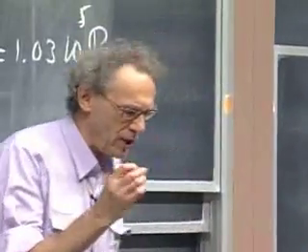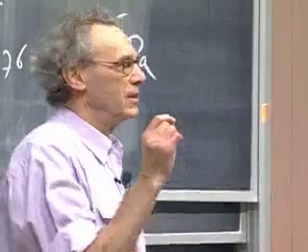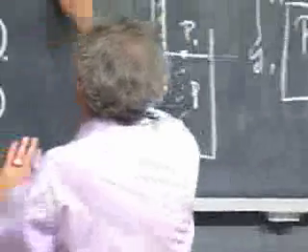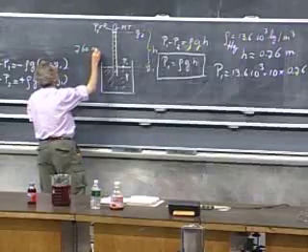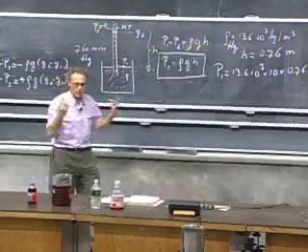One atmosphere's pressure is defined in a very precise way, namely that it is exactly the pressure when the column here is 760 millimeters of mercury. Then we call the pressure here, that's the definition, 1 atmosphere.